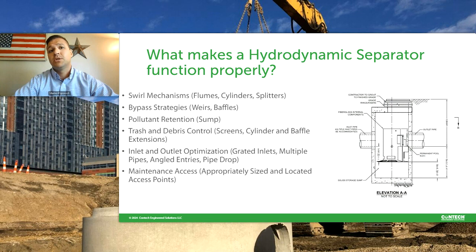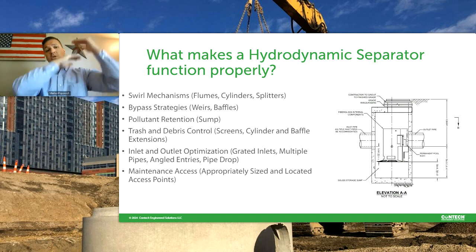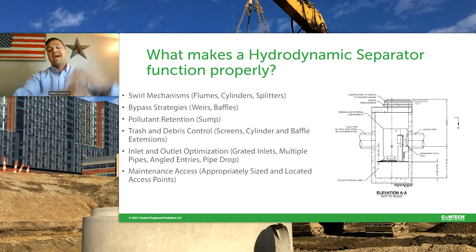When we talk about trash and debris, it's 100% capture and 100% retention. So extending a cylinder up to the top, extending a baffle up to the top slab to ensure those floatables that are sitting there, when the water dumps through, everything that's captured isn't actually dumping over the weir in a bypass event.